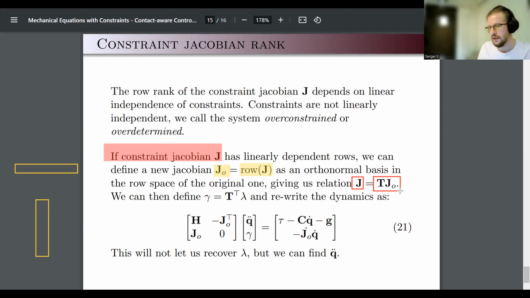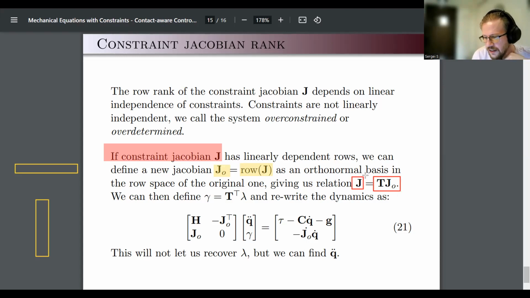Those coordinates would be essentially the rows of T. So each row of T is the coordinates of a row of J in this new basis. All right.